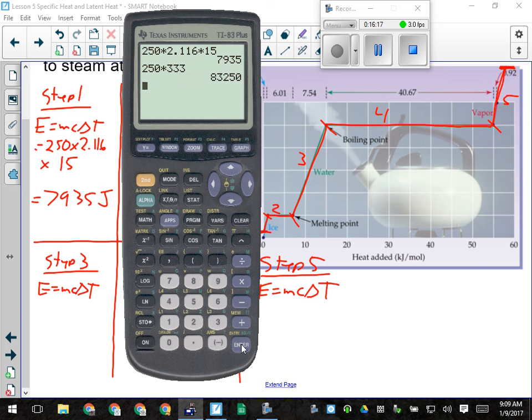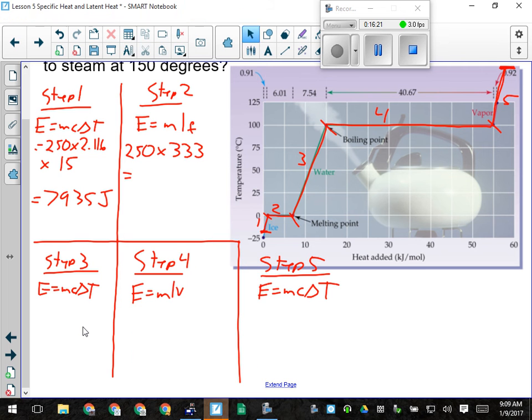That's 83,250 joules. Is that a lot more energy than it required to heat the ice? Yeah, and that's usually the way it is. Usually a state change requires more energy than a change in kinetic thermal energy.